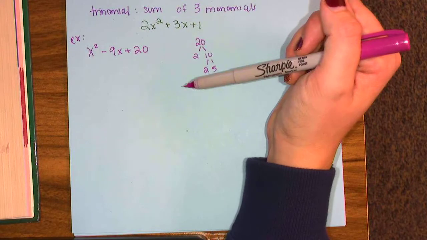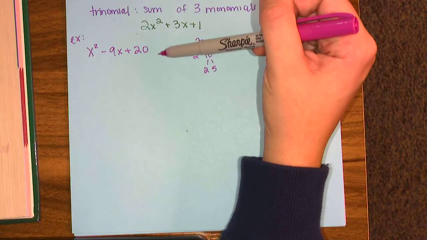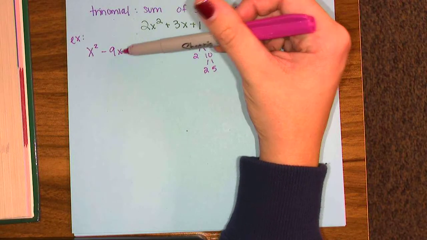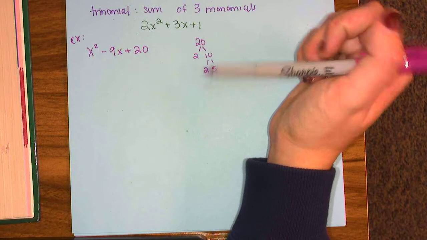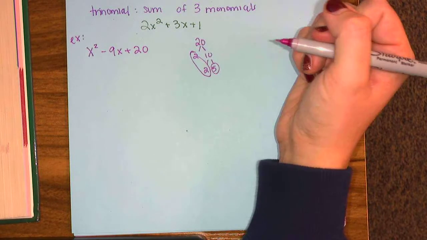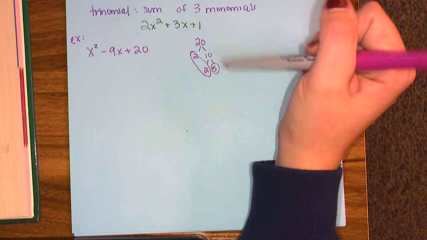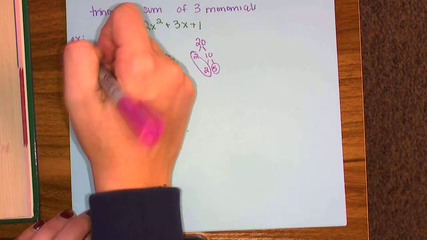So that would work. 2 and 10 equal 20, but when added together don't give me negative 9. So I'm going to use the option of 4 and 5. Now, this is negative, but this is positive, so both of these are going to be negative numbers.